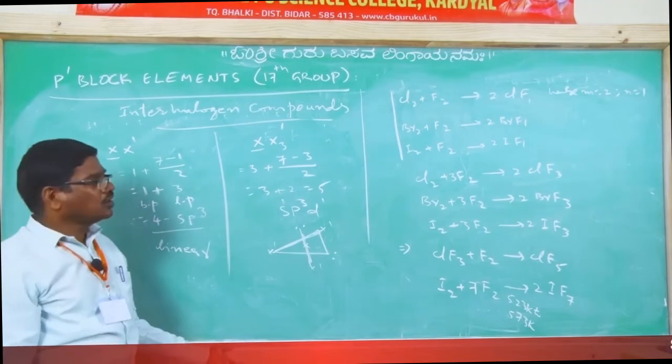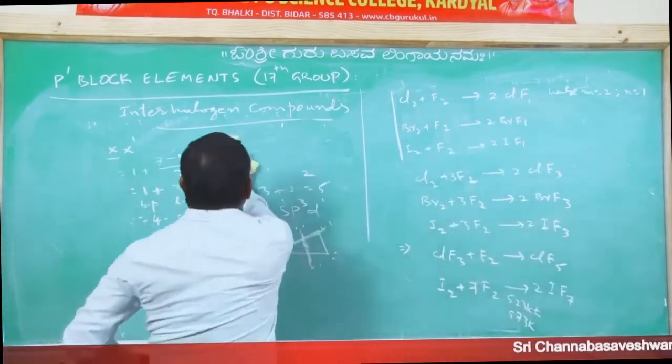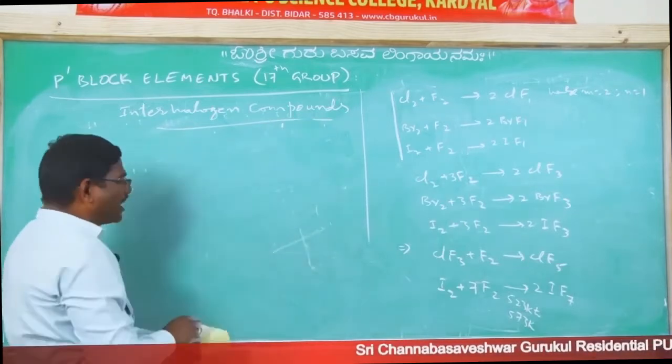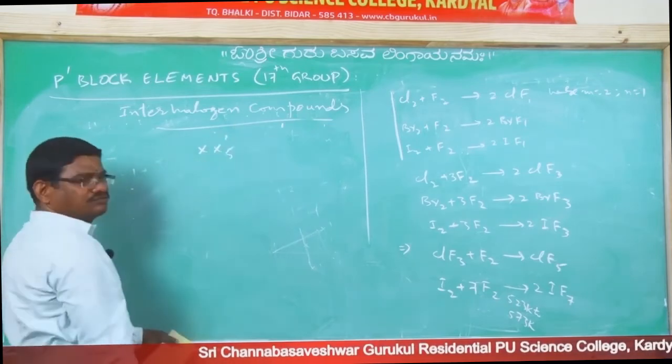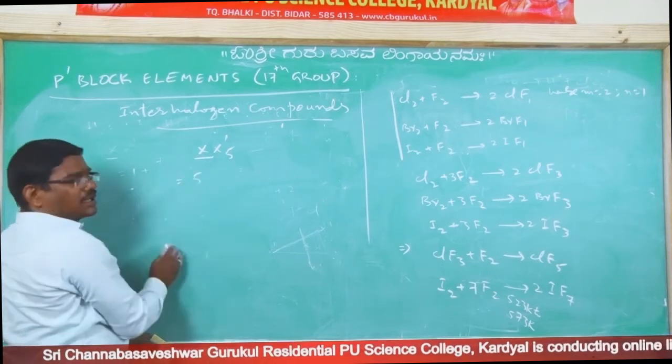3 bond pairs with 2 lone pairs, XX'3. Now XX'5. In this case, around the central atom 5 atoms are attached.